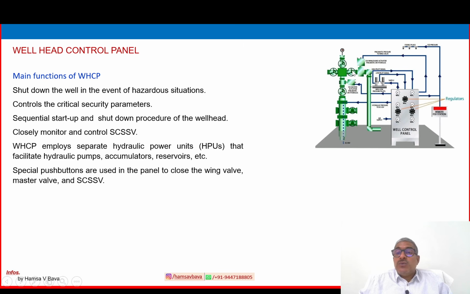Wing valve means the flow line valve, and the master valve, and the surface controlled subsurface safety valve in the production tubing system. So for all these valves we can use a special button. Manually we can push down or manually we can activate the ESD. That is also possible. That is also one of the functions of the wellhead control panel.